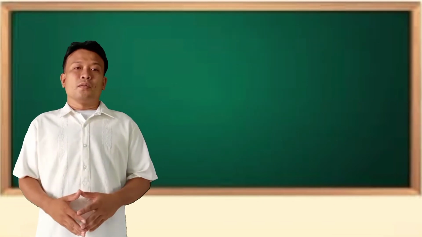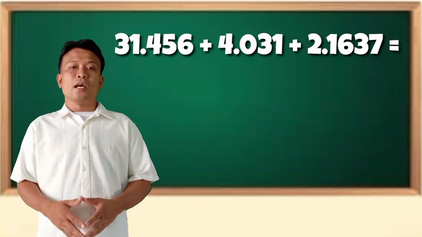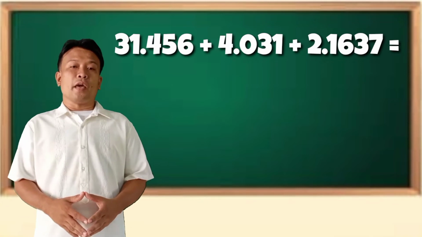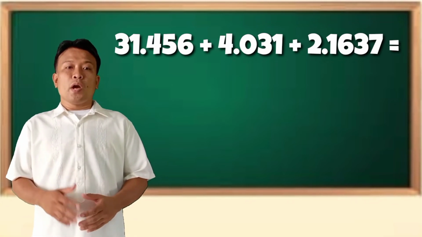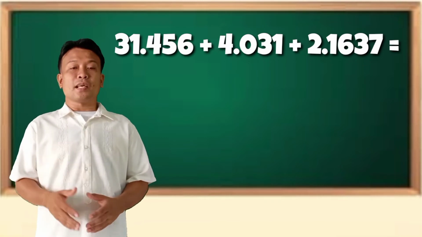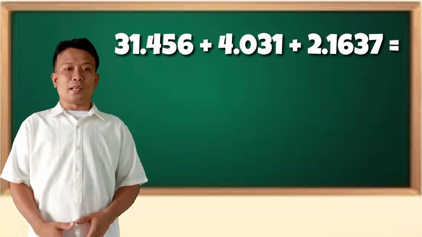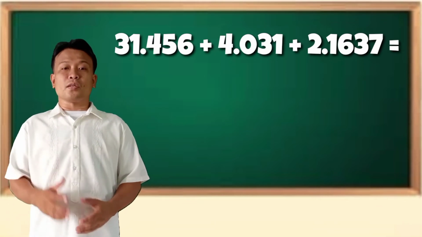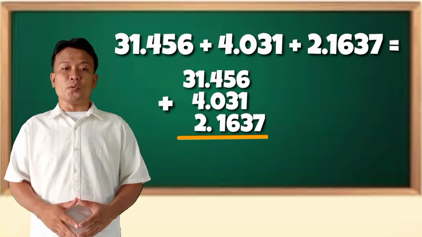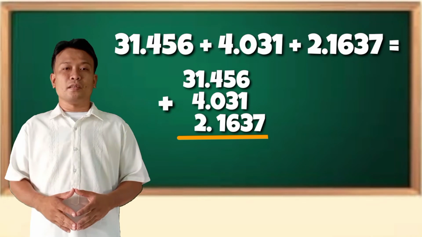Example, 31 and 456 thousandths plus 4 and 31 thousandths plus 2 and 1,637 ten thousandths. To add the given example, first arrange the addends in column considering the place value and of course the alignment of the decimal points.